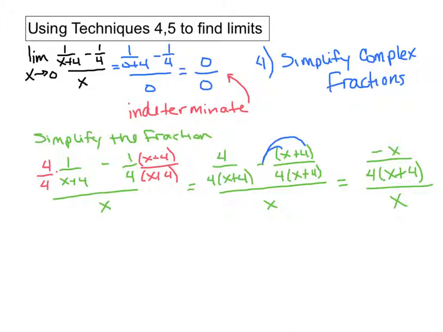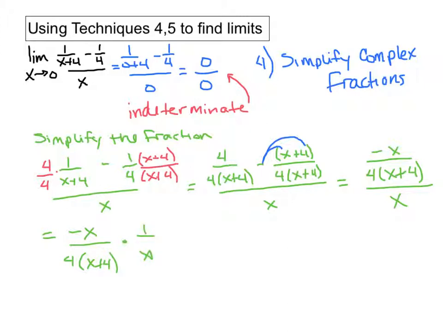Okay, so now we have just one fraction over a denominator. An easy way to simplify that is that dividing by a number is the same thing as multiplying by its reciprocal. So I'm going to say negative x over 4 times x plus 4, times 1 over x.